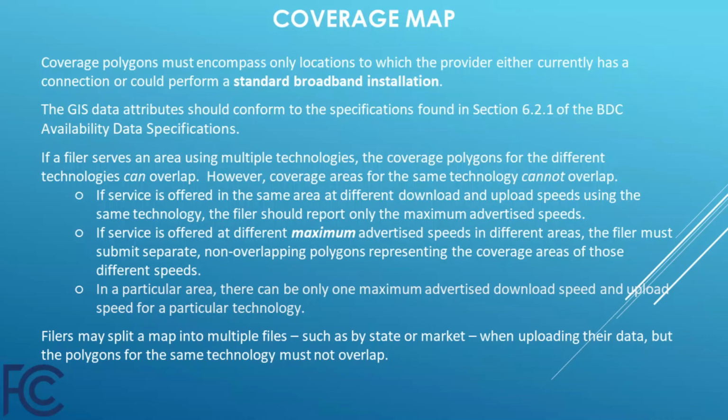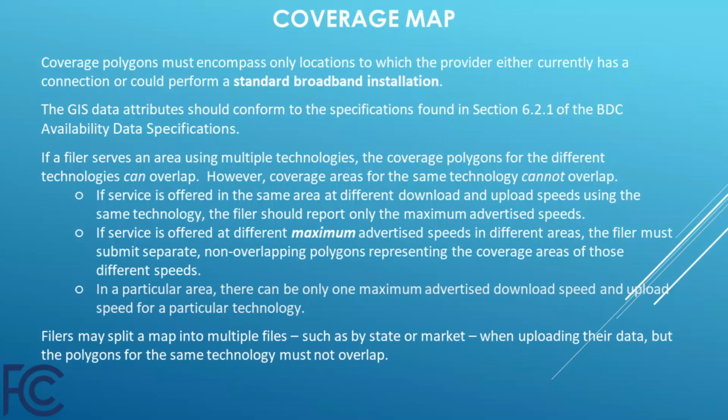Each polygon should represent a unique combination of the following fields: a provider ID, brand name, a technology, a max down, a max up, low latency, and a BizRes code. GIS data attributes specifications can be found in Section 6.21 of the data specifications.